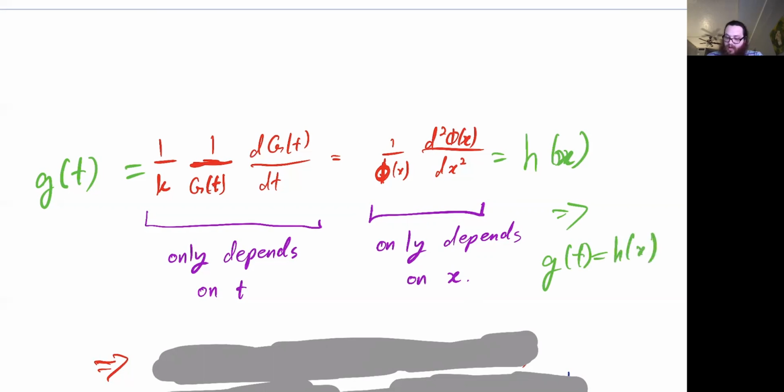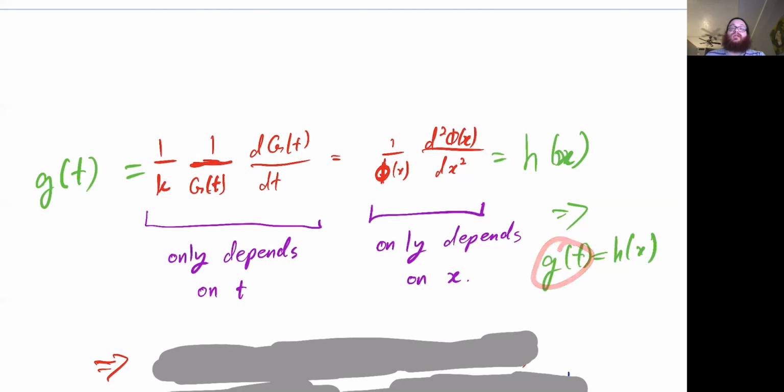So as we vary t, for example, whatever this function g is, it could change, right? It depends on t. But as we vary t, we're not varying x, and so h of x isn't changing, the function on the right-hand side, okay? So it tells us that this function h is actually constant, because it does not change as we change t.